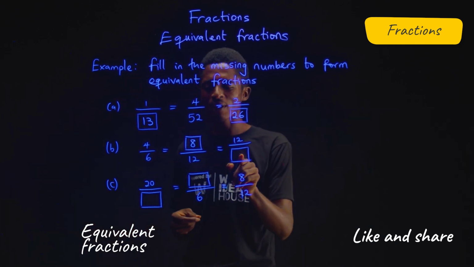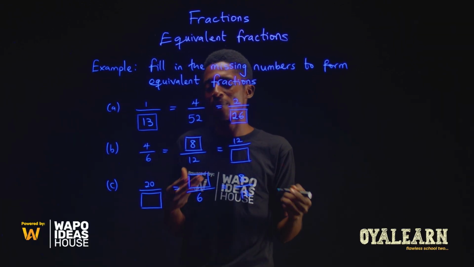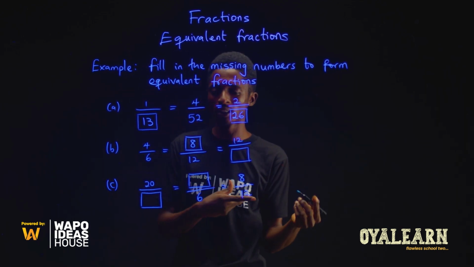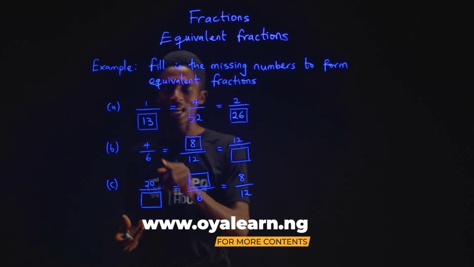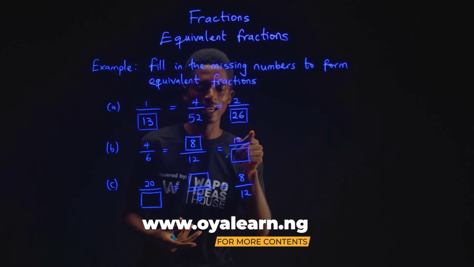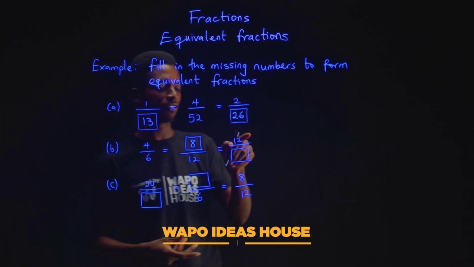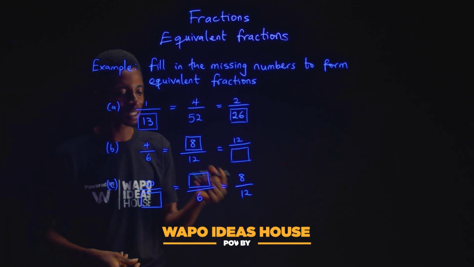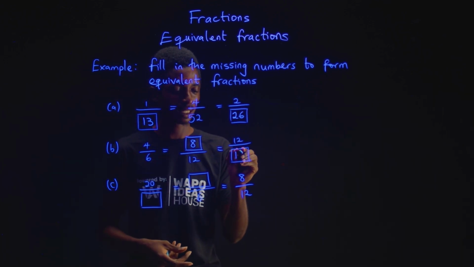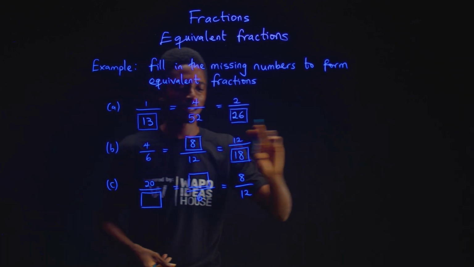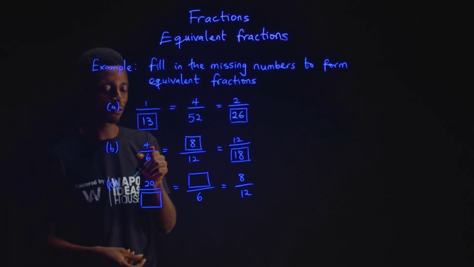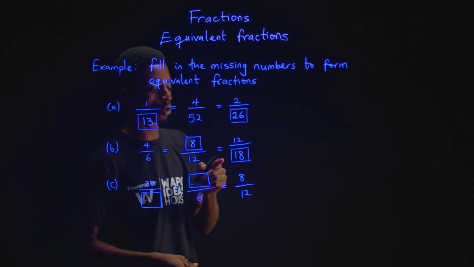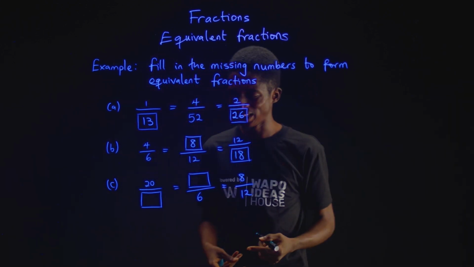So therefore, whatever number here has to be divided by 3 to give me 6. So changing it, the inverse of division is multiplication. That is, I have to multiply 4 now by 3 to get 12. So 4 times 3 will give me 12. Therefore, 6 times 3 will give me the equivalent here. And 6 multiplied by 3 will give me 18. Now we have this equivalent fraction that says 4 over 6 is equal to 8 over 12, which is also equal to 12 over 18.